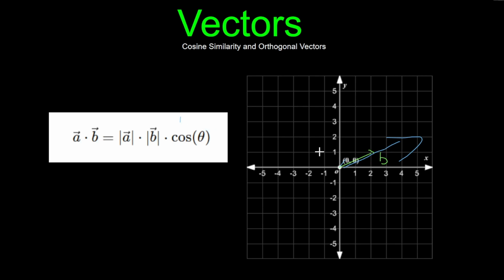In the other case, if they are in completely opposite directions, at 180 degrees, the cos theta value will be -1. In that case, they are completely not similar to each other.